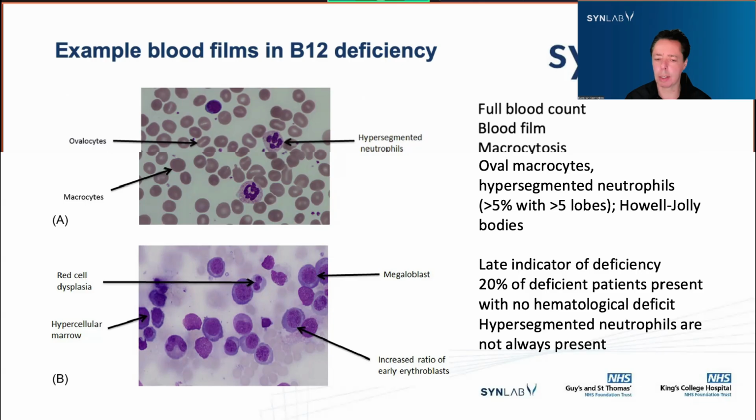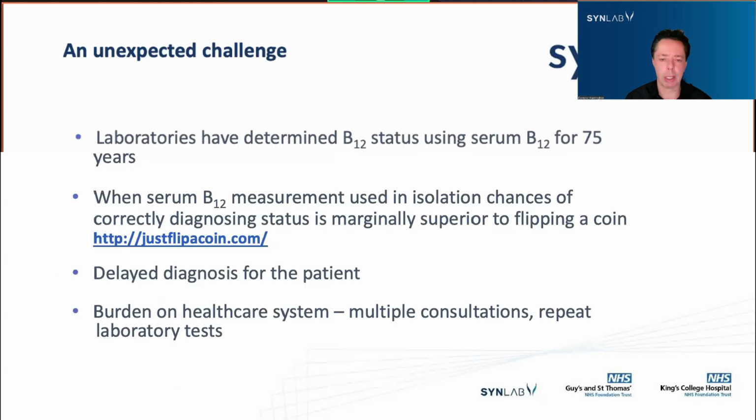Not all B12 deficient patients can be picked up through a full blood count or through the analysis of a blood film. And even if they are picked up this way, we must remember that a hematological expression of a deficient state for B12 is a late indicator. We'd much rather detect deficiency before it gets to this stage.